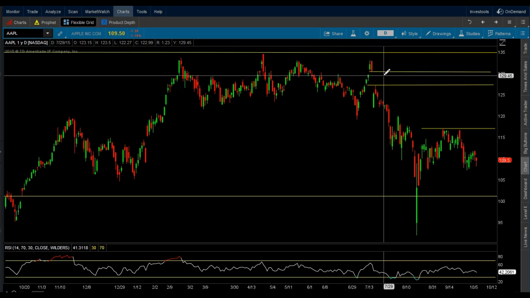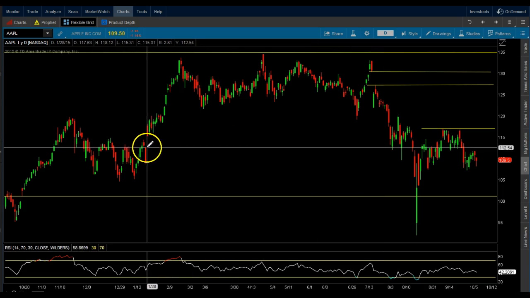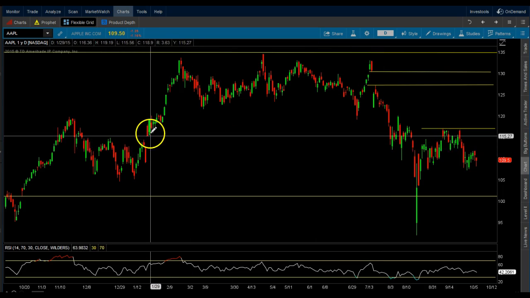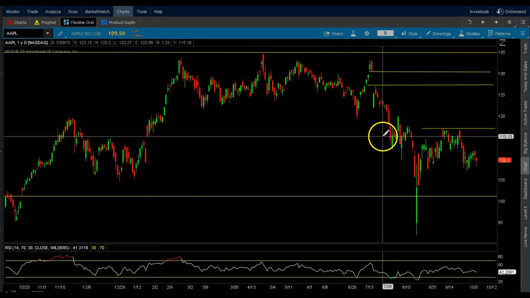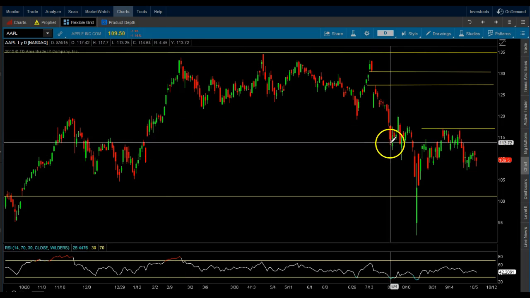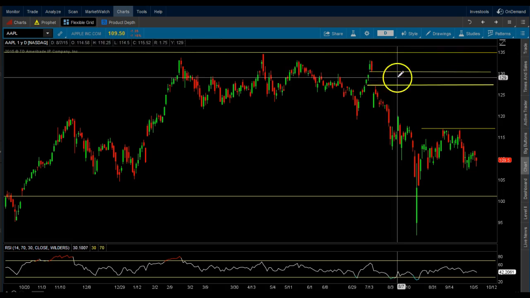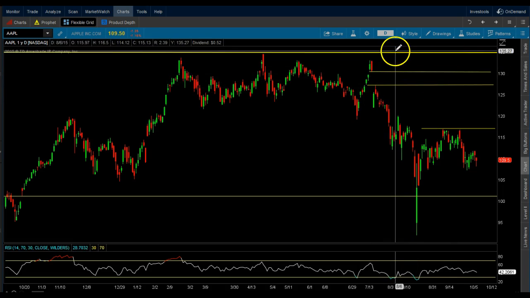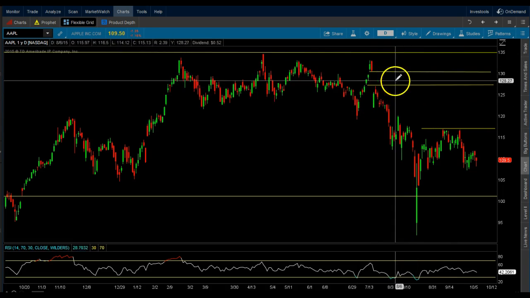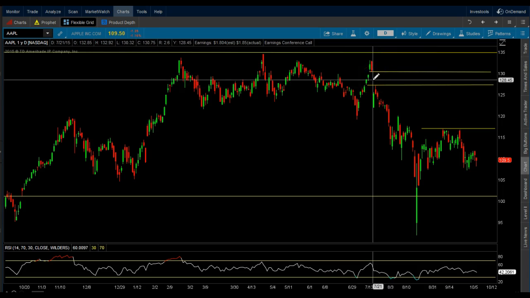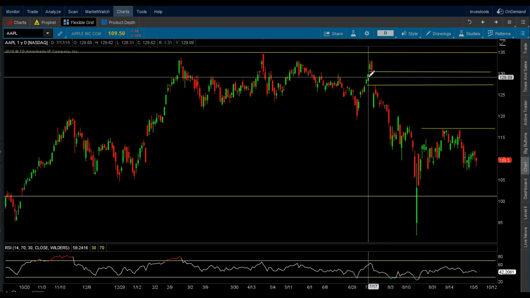They may take a long time, kind of like this gap fill, right? We gap higher here. We closed here and then we gapped up here. Well, it took probably a good 7 months before we filled that gap, okay? So we have a gap up here. It could take years. It could be done in the next couple weeks, so we never know.